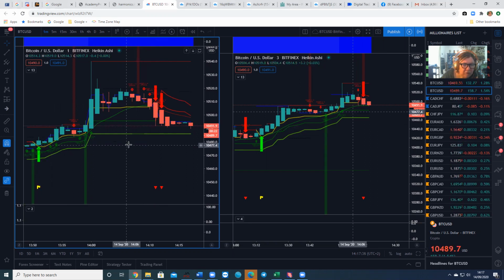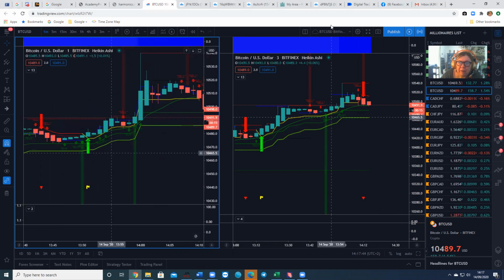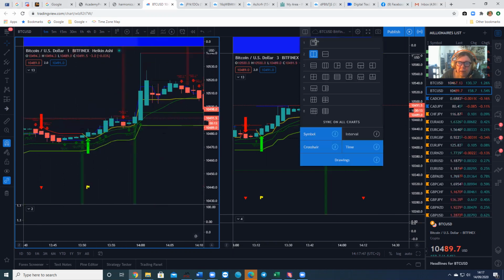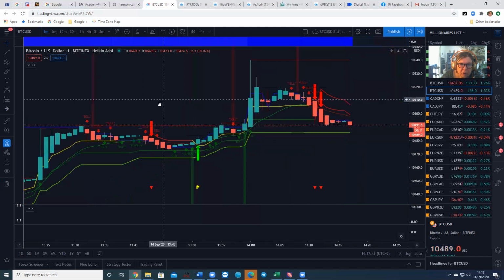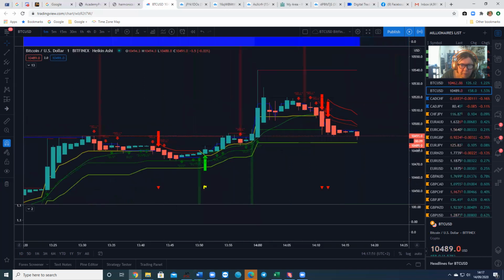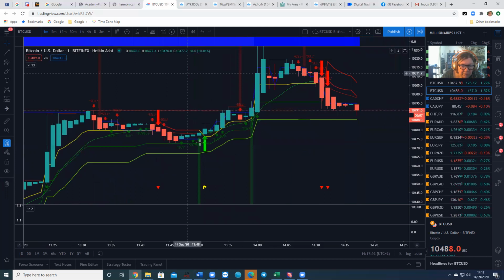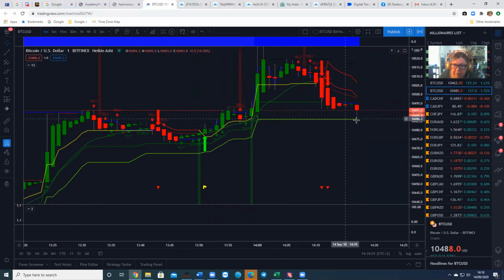Now, what are all these lines? It's a traffic light system. If I bring it over to the single screen, it'll be easier to show you. This is on the 1 minute. So what we've got is a very, very powerful indicator. You only need one of the lines to turn the way you want. So if you follow this bottom line, it's not turned.